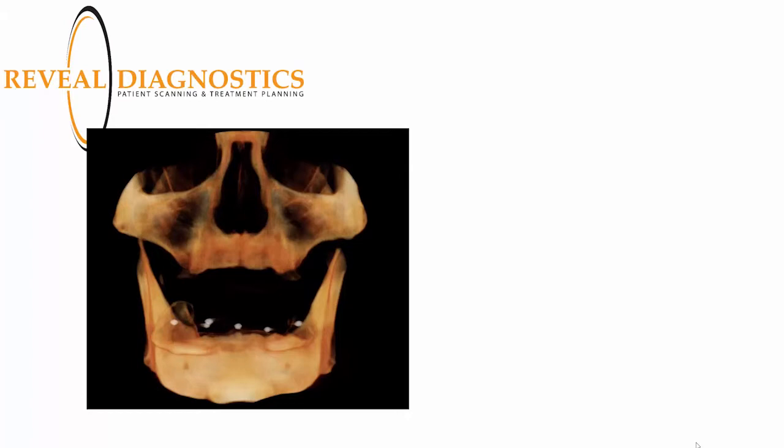However, the way we scan the patient will be determined by the needs of each individual system, and today we'll be talking specifically about fully edentulous cases with the Anatomage guide system. The fully edentulous cases require a little bit more consideration in preparation for the scan because of the absence of teeth.